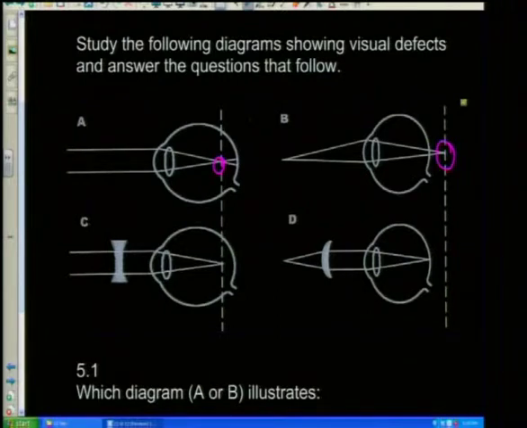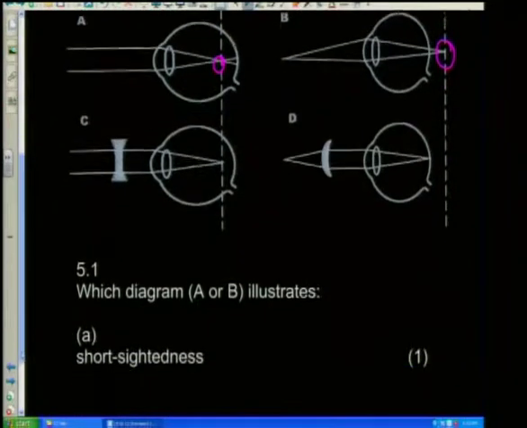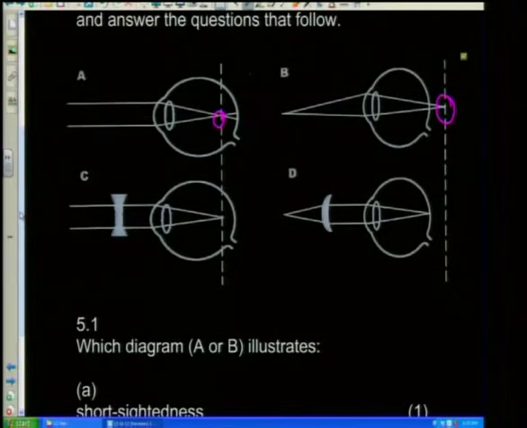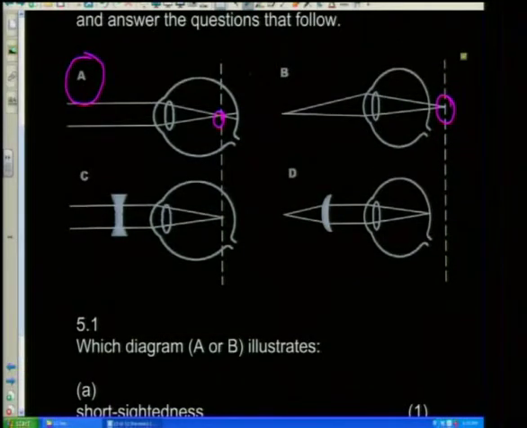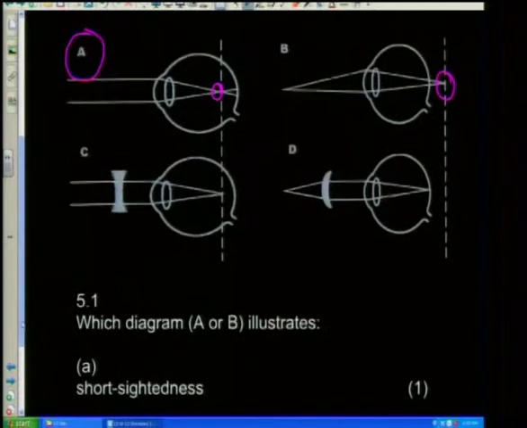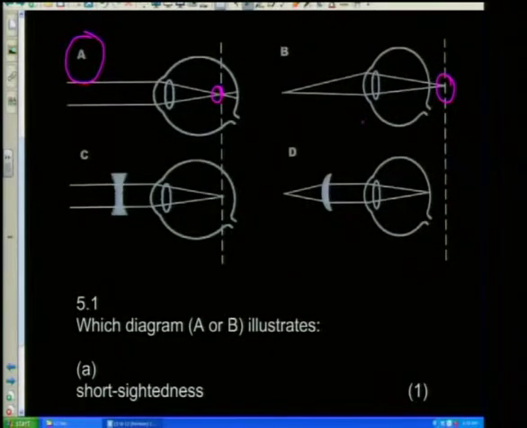So what's the problem? If a person is short-sighted, that means they can only see things that are close to them. They can't see things that are far. So obviously the answer would be A, because you can see that the image is falling before the retina. So it's not long enough. And the next one would say which one is for long-sightedness, and that would be B, because it's falling behind the retina.